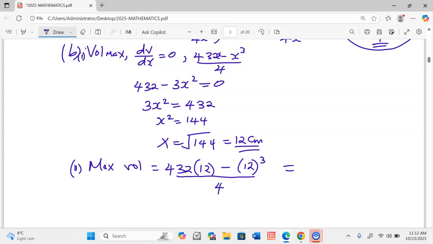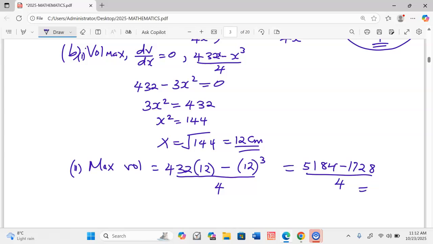Using a calculator, we are going to have 432 multiplied by 12, giving us 5184, minus 12 cubed. 12 cubed will give us 1728, divided by 4.